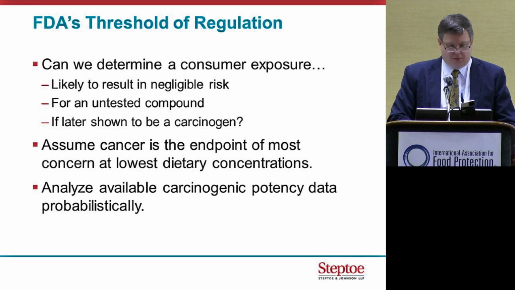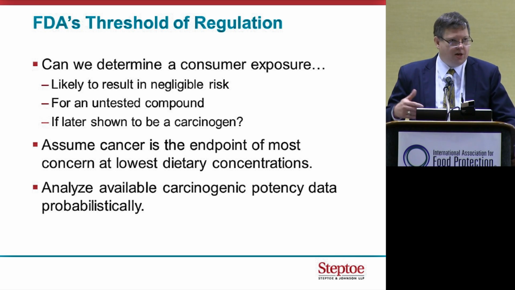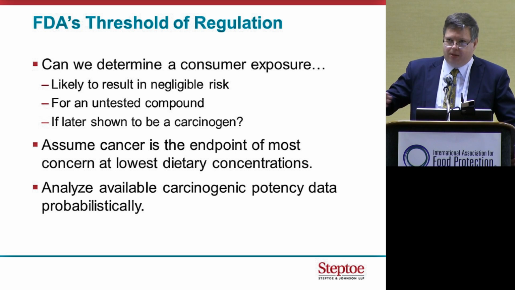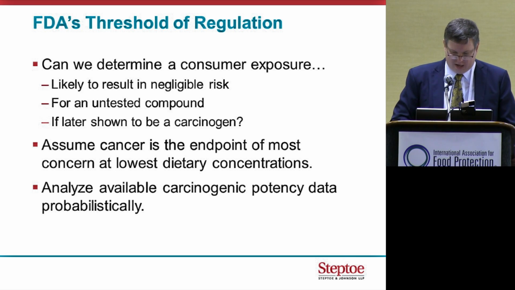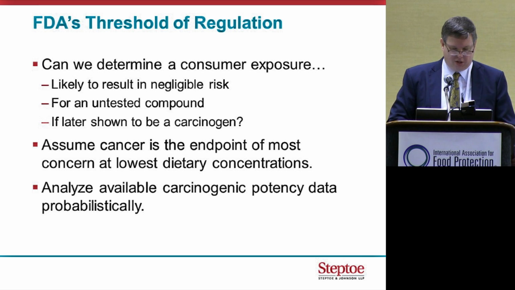FDA moved forward assuming that cancer was the endpoint of most concern, and that's primarily because, like EPA, FDA regulates carcinogenic risk by extrapolating to a very low risk, a 1 in a million or lower risk. And so the agency analyzed the available carcinogenic potency data from the carcinogenic potency database probabilistically.